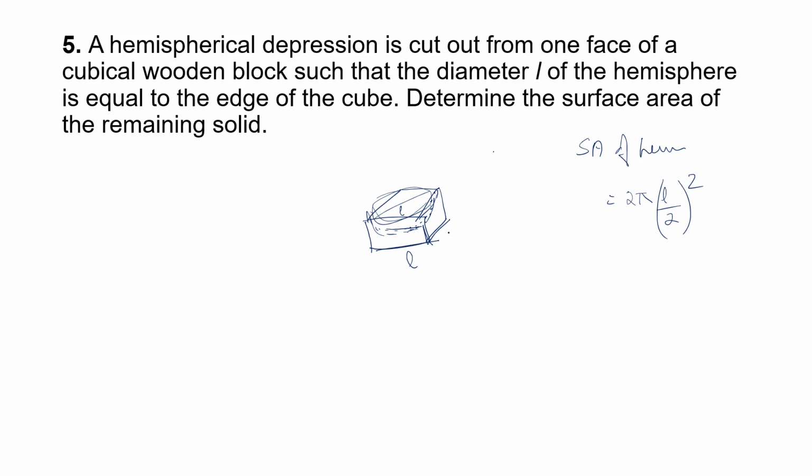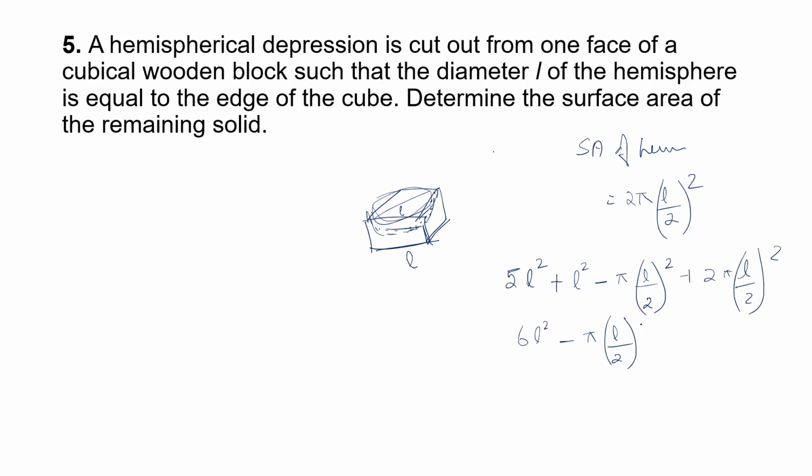Surface area of the cube of 5 sides is 5L square, plus the top side is L square minus pi L by 2 whole square, plus 2 pi L by 2 whole square. Okay, that means here also 6L square minus pi into L by 2 whole square.